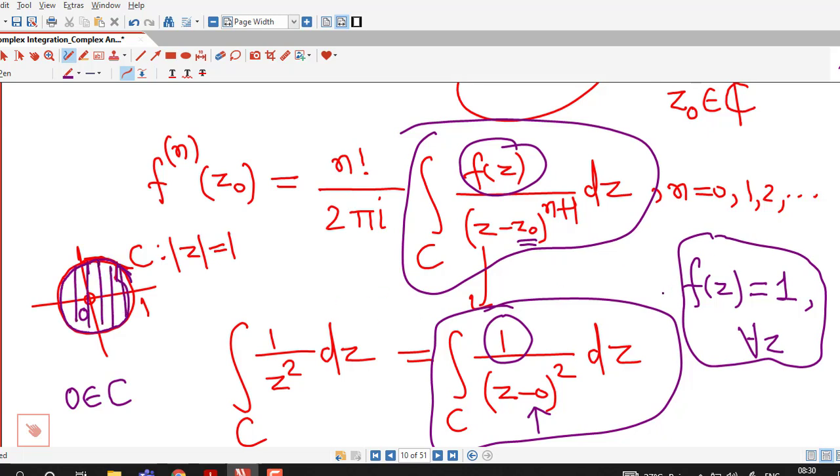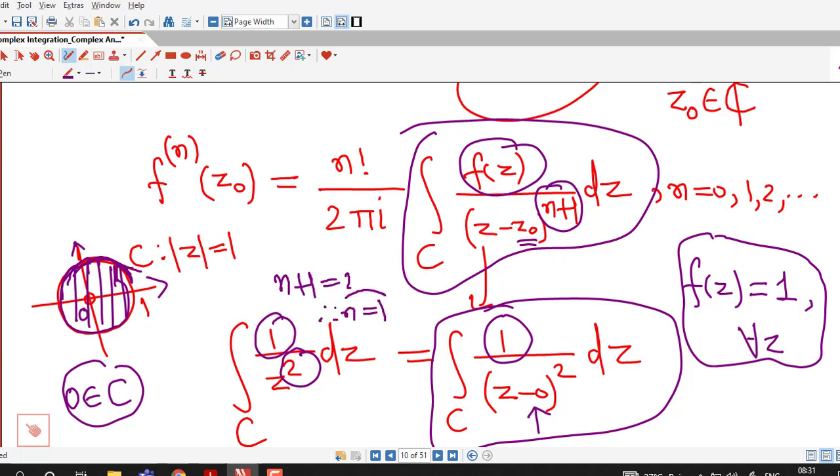So here we will consider f of z equal to 1, z0 equal to 0, and we find that function f of z is analytic at all points inside and on this unit circle, and this 0 lies inside C. Therefore we can apply Cauchy integral formula, and if we compare with this power, then we can see n plus 1 is 2, so therefore n will be equal to 1.